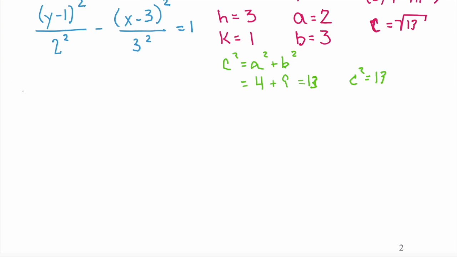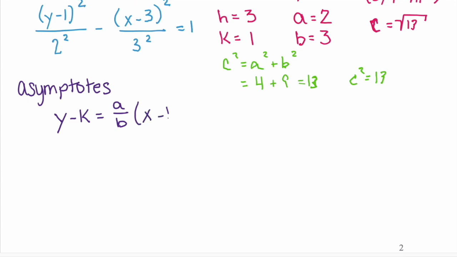And what do we have to find? We have to find our asymptotes. And remember, your asymptotes are going to be linear equations. They're going to end up being slant asymptotes here. So it's y minus k equals a over b times x minus h.